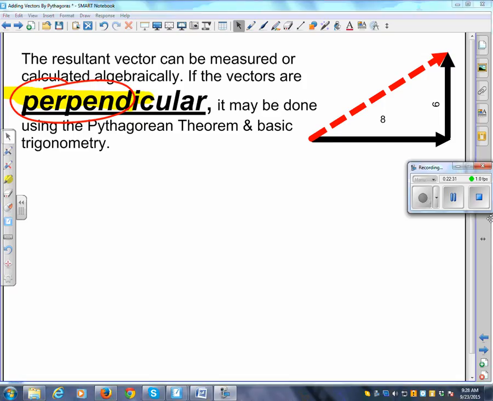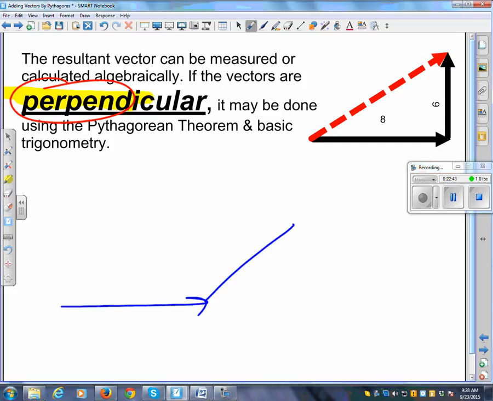How many times I've had to mark something wrong on kids' papers because they do this. They've got vectors, they've got 8 and they've got 6 like that. And then they go 8 squared plus 6 squared. What's wrong with that? They're not 90 degrees.